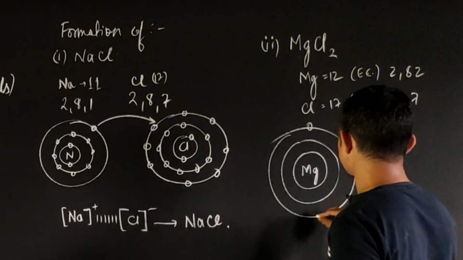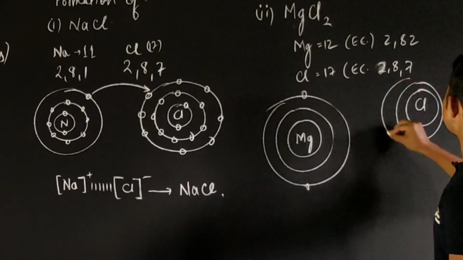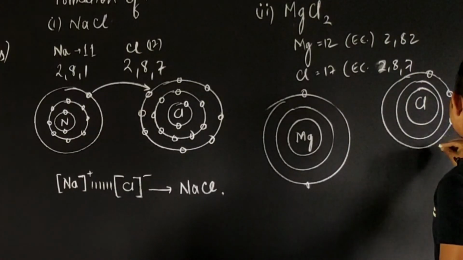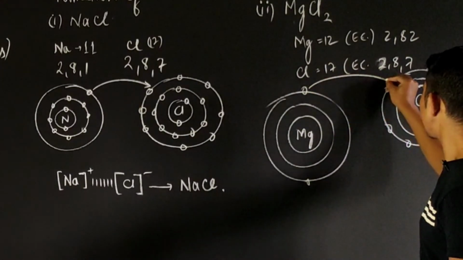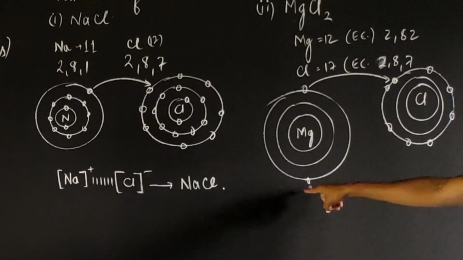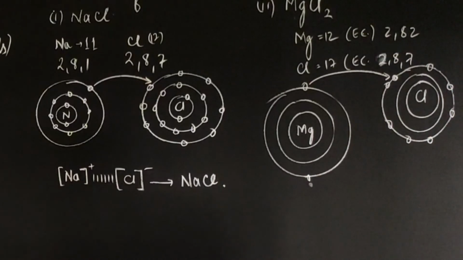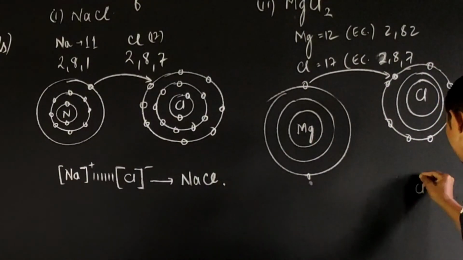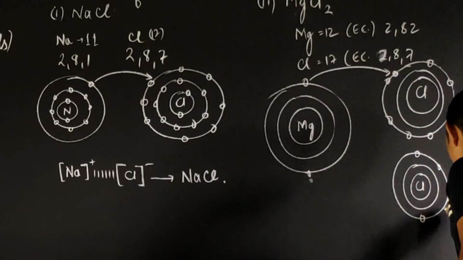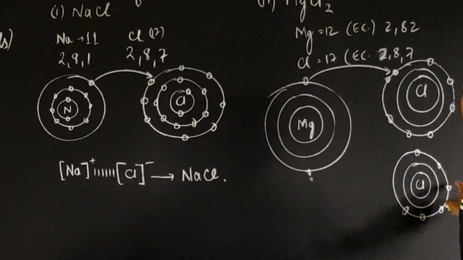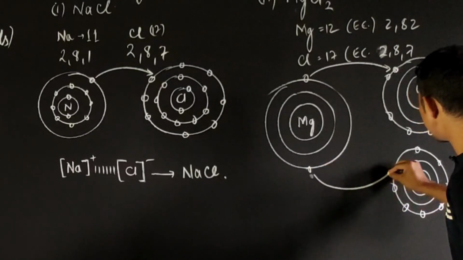It has 2 electrons, whereas the chlorine in the outermost orbit has 7 electrons. One of the electrons is given off to this chlorine atom, but still we have one more extra electron that the magnesium must lose in order to become stable. So another chlorine atom with one electron less in its outermost shell combines with the magnesium, and it is given this electron.